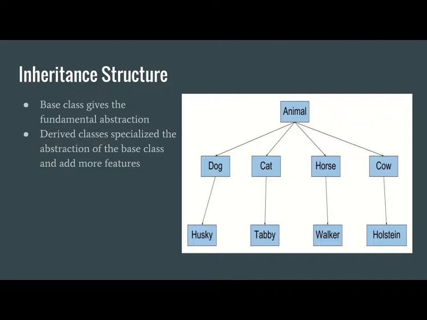And husky is derived from dog, therefore we can say husky is a dog. Can we say it the other way? No, we can't. We cannot say dog is a husky because there are many kinds of dogs. Husky is just one specialized class of dog. In other words, you can think of it this way: husky is a subset of dog. So you can say husky is a dog, but a dog is not a husky because dog has many other classes.